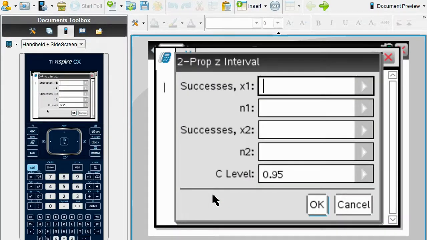So the number of successes for your first sample. Remember, I let my first sample be the African American students. So 15 out of 250 were African American. The next sample was 20 out of 400 were Hispanic. And we want 95% confidence, so leave it as 0.95.